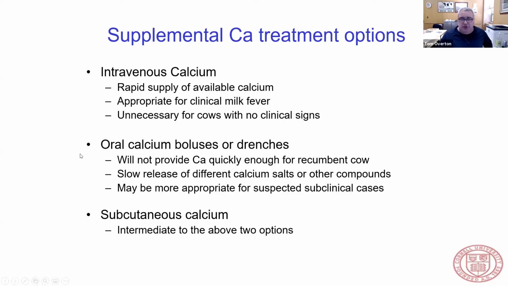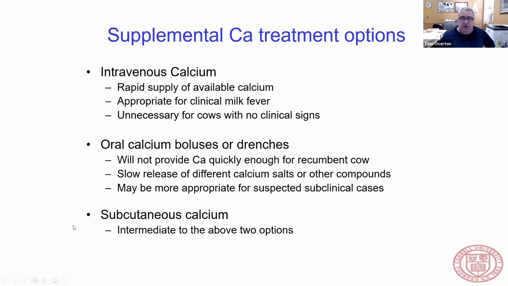Oral boluses and drenches, again, if you've got a cow that's down, are not going to provide calcium quickly enough. Certainly they could be good in supportive therapy. You're probably less likely to get into trouble with calcium boluses, although the data in general would say you might only consider them for older cows, especially second lactation, third lactation and greater.